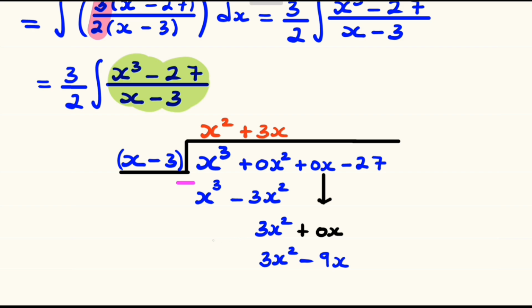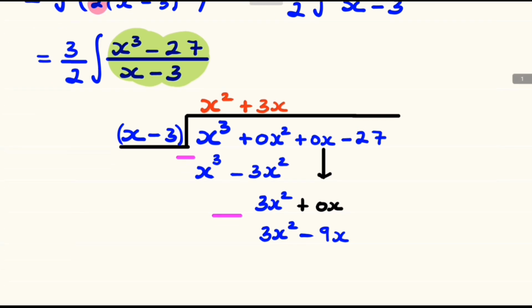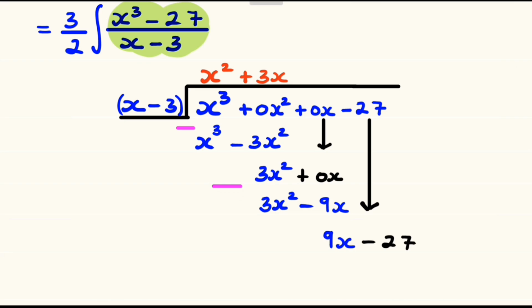Now we minus. 3x squared minus 3x squared is 0. 0x minus 9x will be equal positive 9x. We drop down the negative 27 next to the 9x. We divide, so 9x divided by x is equal to positive 9.